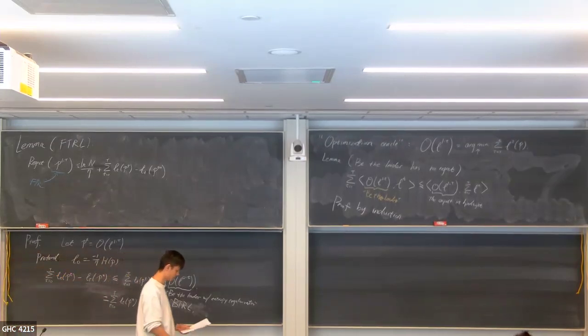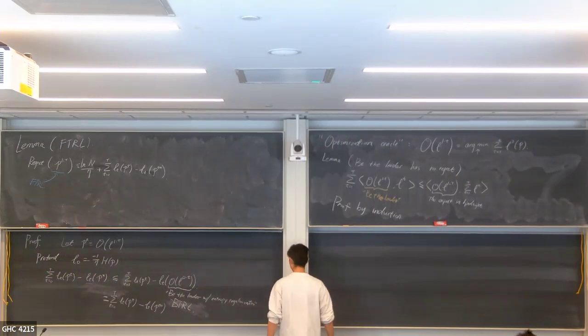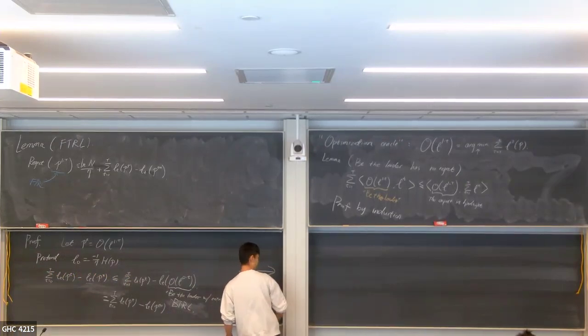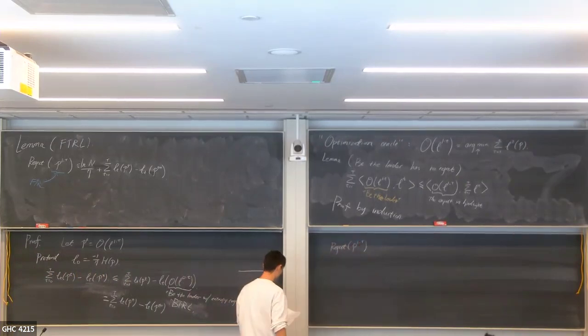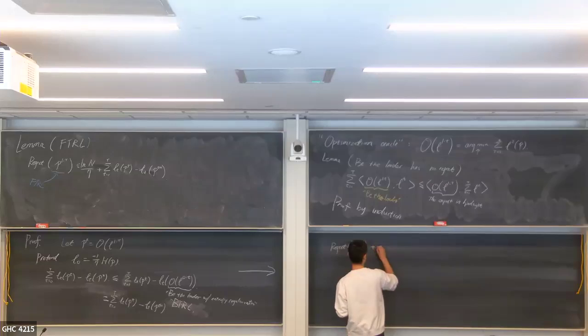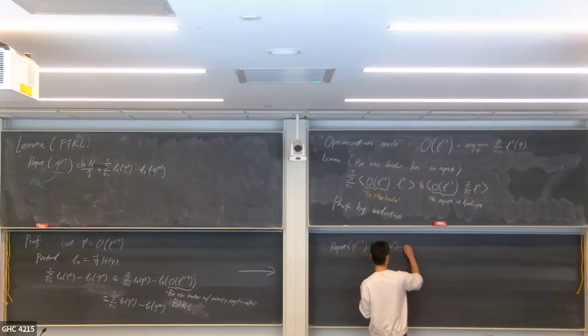Going in this direction, what we get is the regret of P1 through T. Again, now we start with round 1, not round 0, plus L0 of P0 minus L0 of P star.